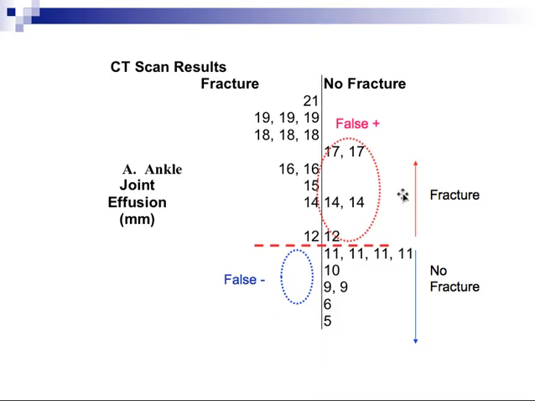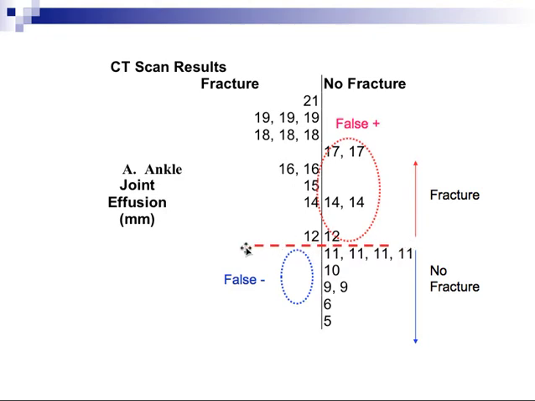Now, let's suppose we wanted to define the test differently. Rather than optimizing the number of false negatives and false positives, we want to minimize any false negatives. We don't want to allow anybody to not get an x-ray who might have a fracture. And so essentially what we would have to do is draw the cutoff at a different point.